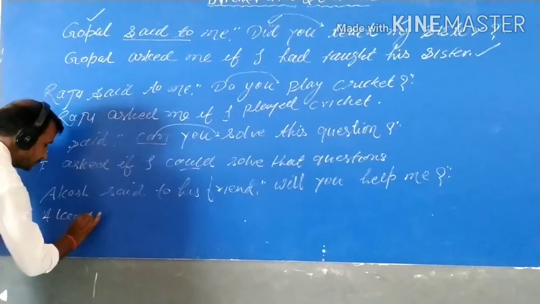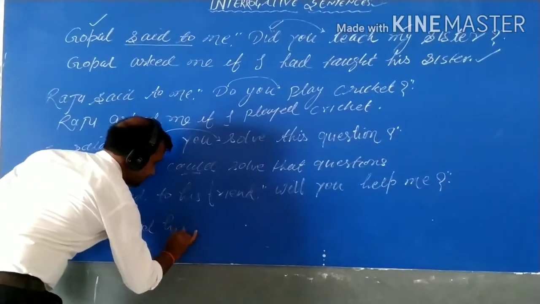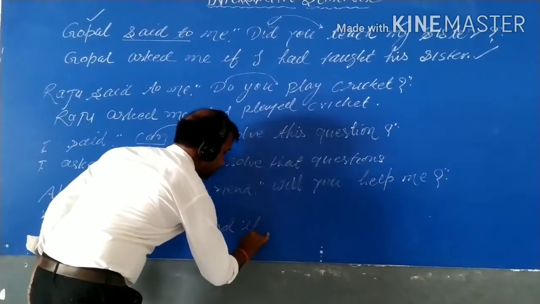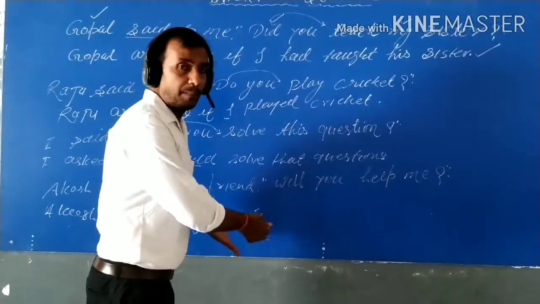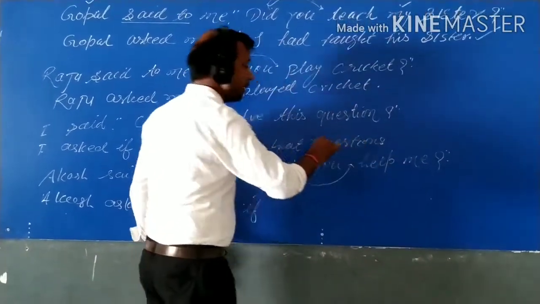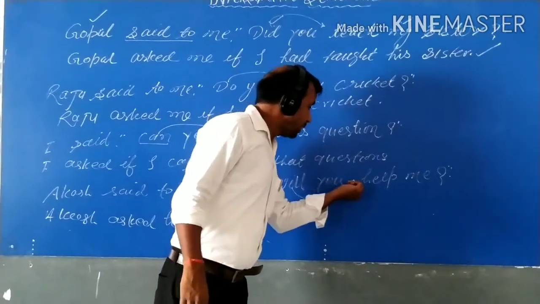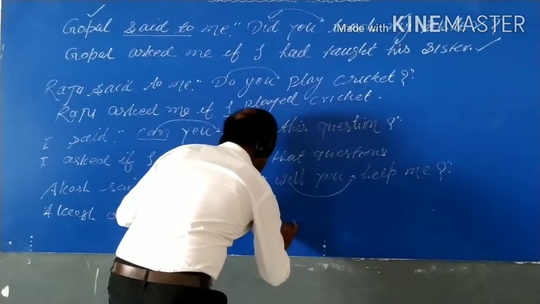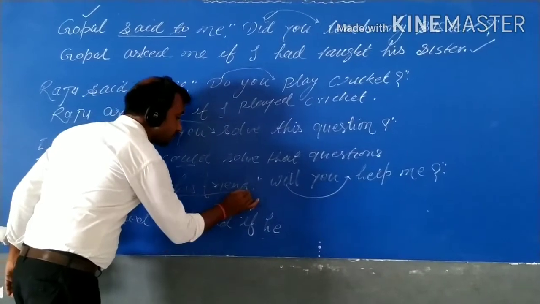Now the last. Akash asked his friend, if "will you", same rule will be applied here. That means we just use will beside the subject, and then the new form is "you will help me". Then you will change according to his friend, that means he, because this refers to the third person.